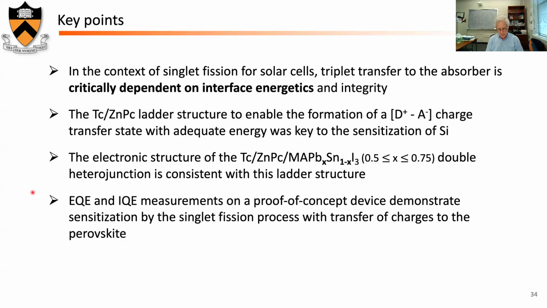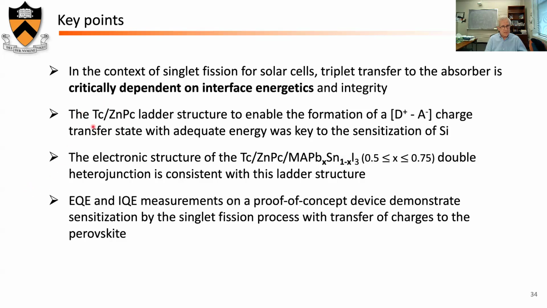When you have triplets, it's not a radiative process that can transmit. So you have to have some dissociation of these triplets at the interface, and whether or not it goes in really depends on the interface energetics and of course the integrity of the interface.